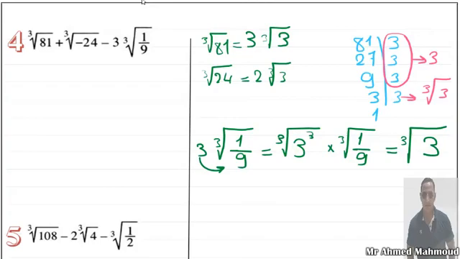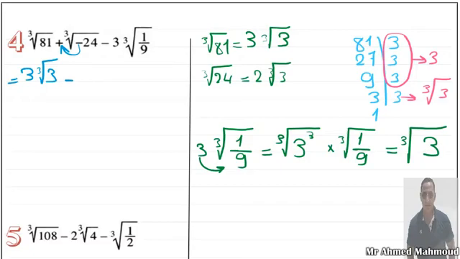Okay, now we have each one separately. Cubic root 81 equals 3 cubic root 3. The negative will go outside. Negative times positive equals negative.